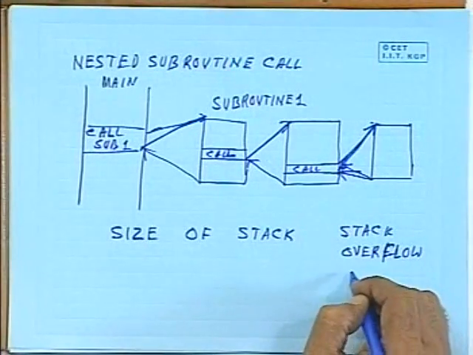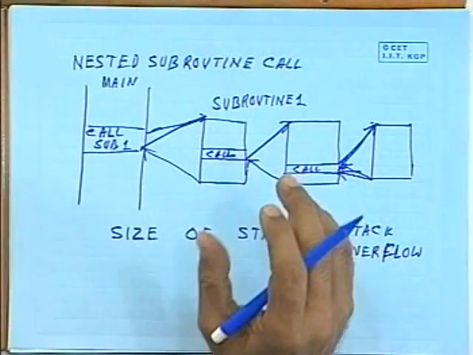So, stack overflow has to be prevented, and that is why you have to decide the size of the stack properly, so that stack overflow does not occur when you do nested subroutine calls.